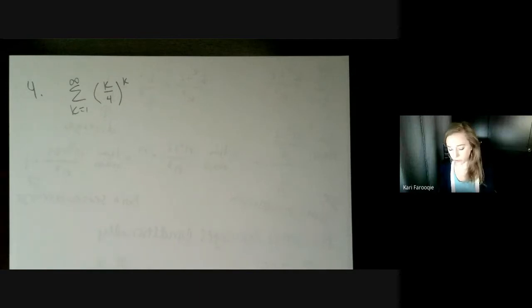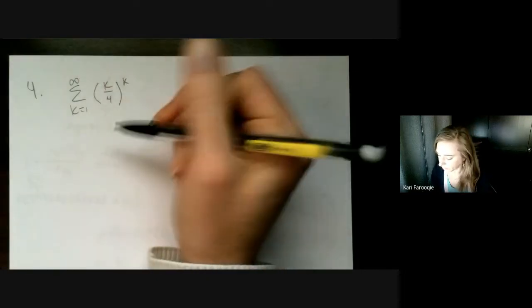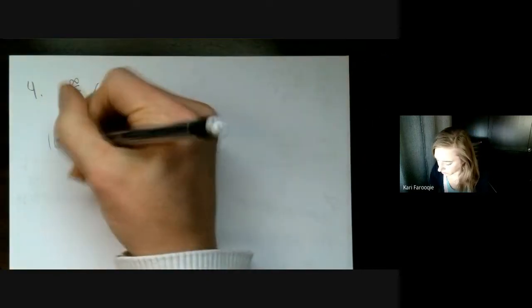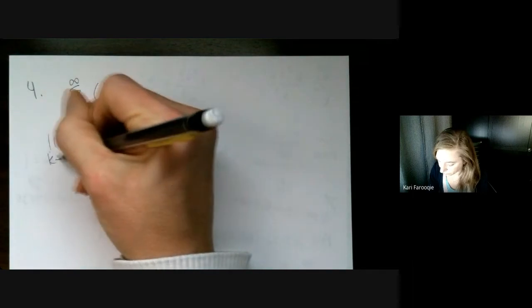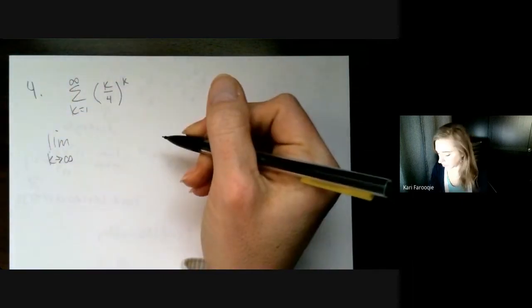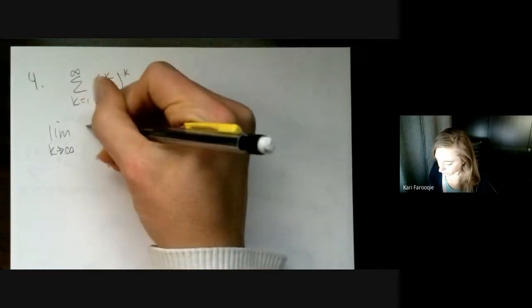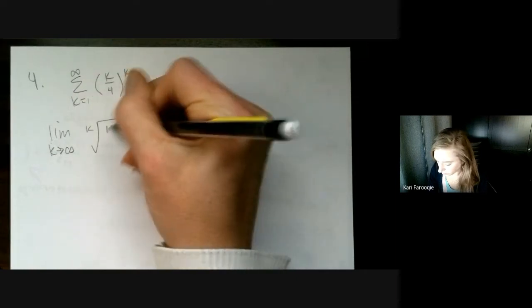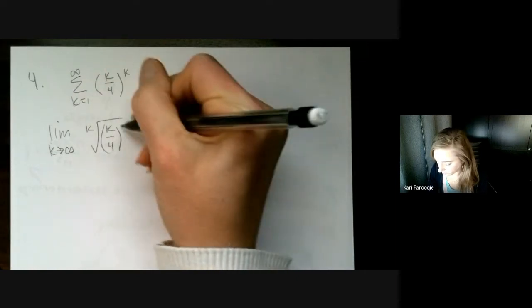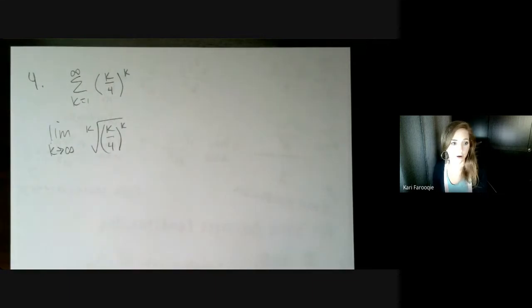Now remember that with the root test, what you're doing is you're taking the kth root, and then you're taking the limit as n approaches infinity. So you're taking the limit, I'll just send k off to infinity, of the kth root of k over 4 to the kth power.